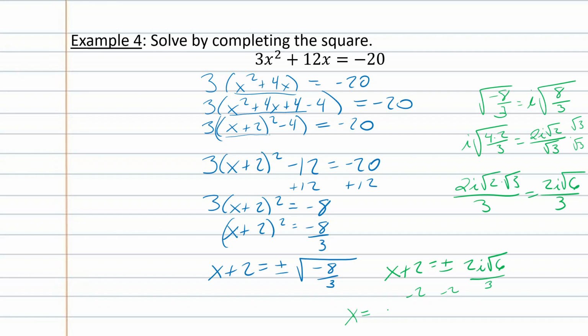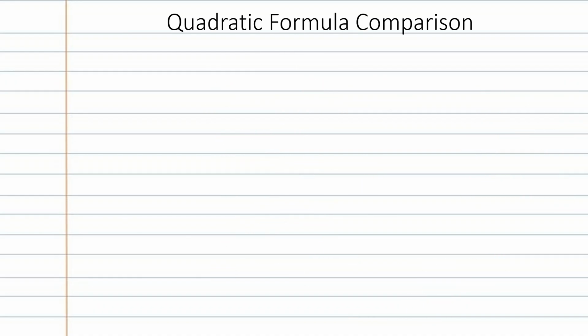I have x equals negative 2 plus or minus 2i square root 6 over 3. And there it is. Sometimes they want you to rationalize the denominator. Sometimes they don't really care. But there's a short example to show you how to rationalize if you need to. And rationalize is just talking about getting the square root out of the denominator section. So that's example 4.